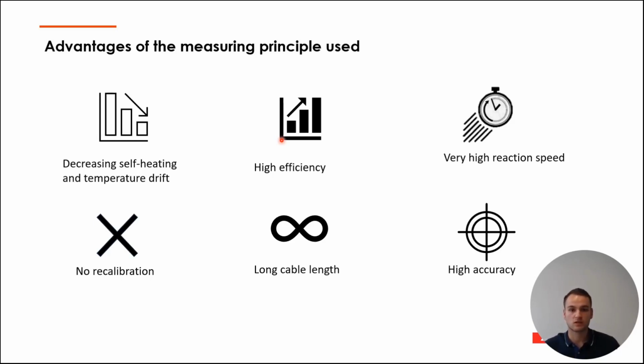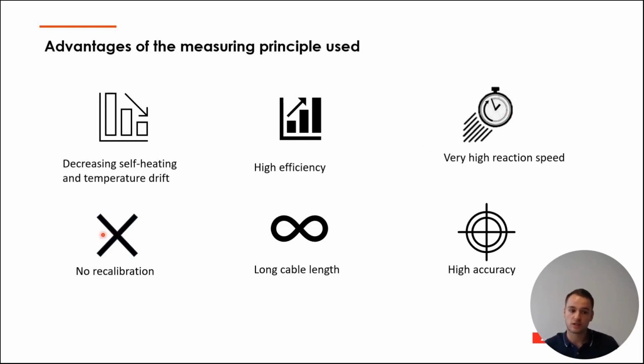So the sensors are great for mobile devices like remote controls and mobile phones, basically in all applications where you need high efficiency and don't want high energy consumption. Usually the sensors also have a very high reaction speed. Like I said, the high reaction speed is important for applications where you have really fast temperature changes.